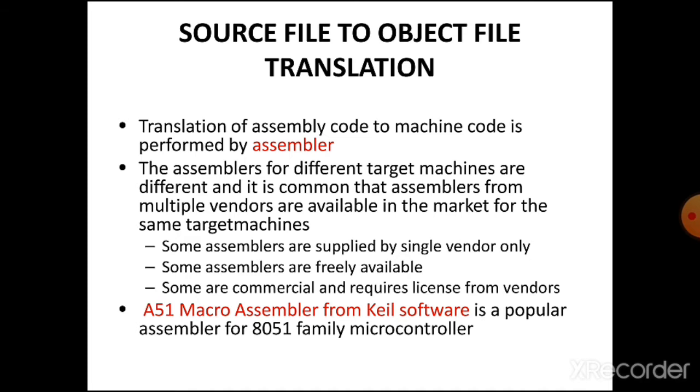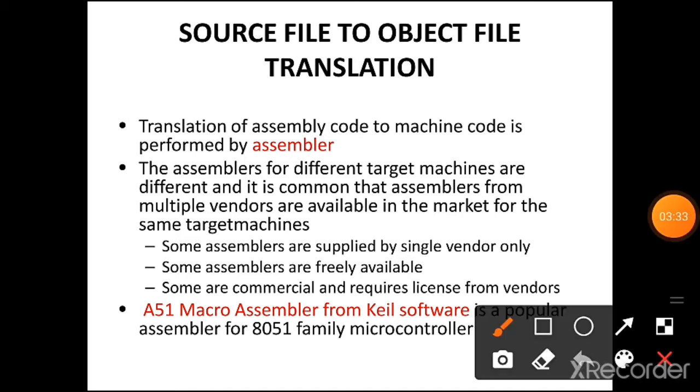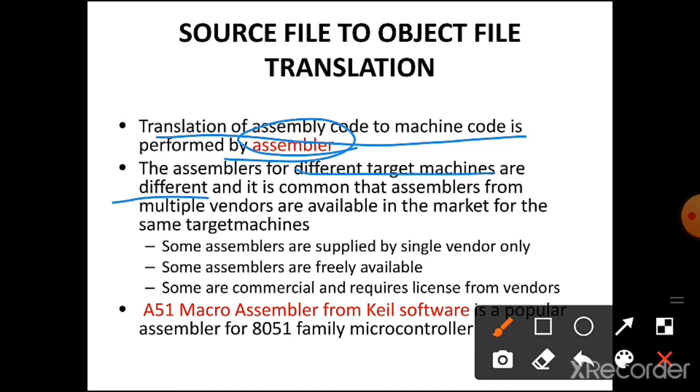First one is source file to object file translation. Translation of assembly code into machine code is performed by the assembler. Assemblers for different target machines are different, and it is common that assemblers from multiple vendors are available in the market for the same target machine.